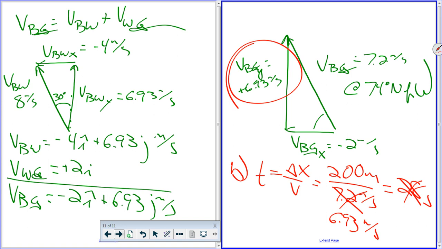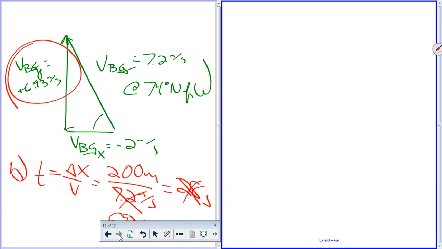For projectiles, please make sure you're comfortable with the rules of projectiles. Horizontal motion is constant. Vertical motion is affected by gravity, so your vertical acceleration is negative 9.8. Horizontally, there's only one equation you need to know.